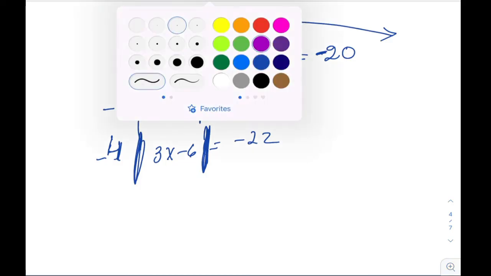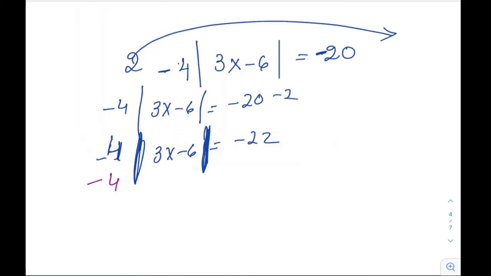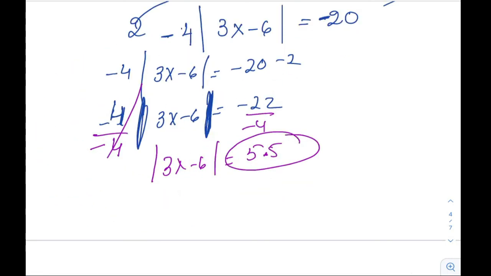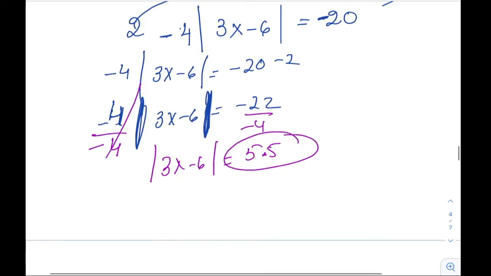So first, get rid of that by dividing by -4 on both sides. Now the absolute value of 3x minus 6 is 22 divided by 4, which becomes 5.5. This is a positive number, though it's a fraction, but it's a positive number. Even if it is a fraction, we have to deal with that.